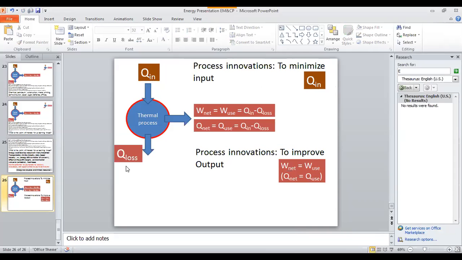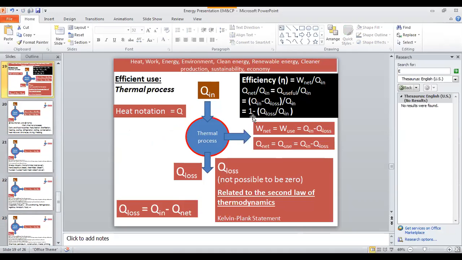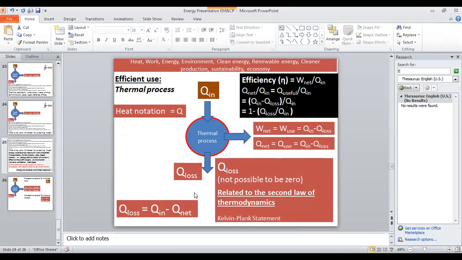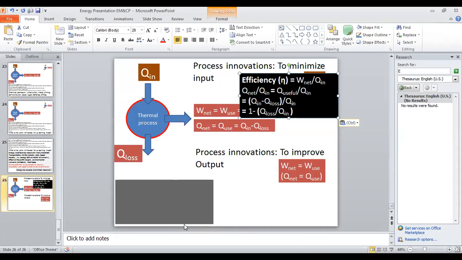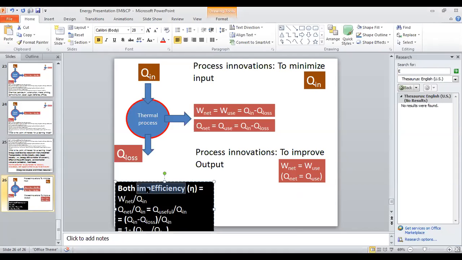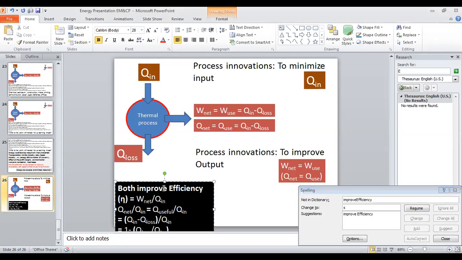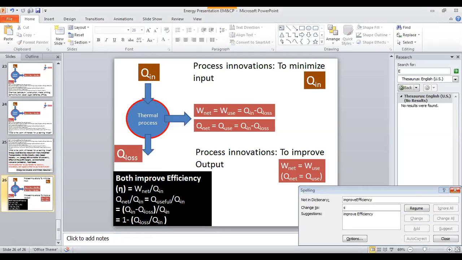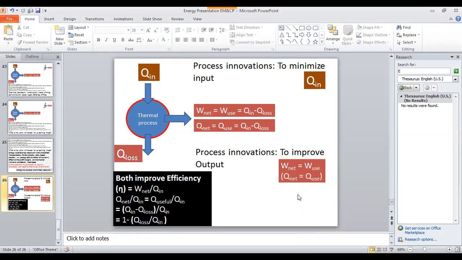So both improve what? Efficiency. Both improve efficiency, when you minimize the input or maximize the output.